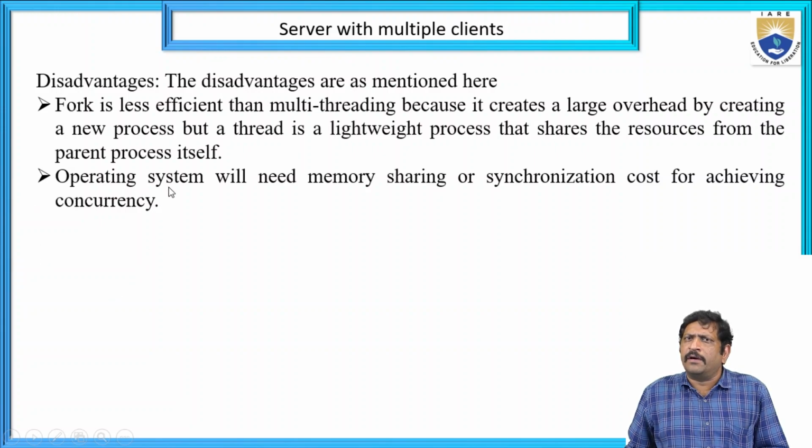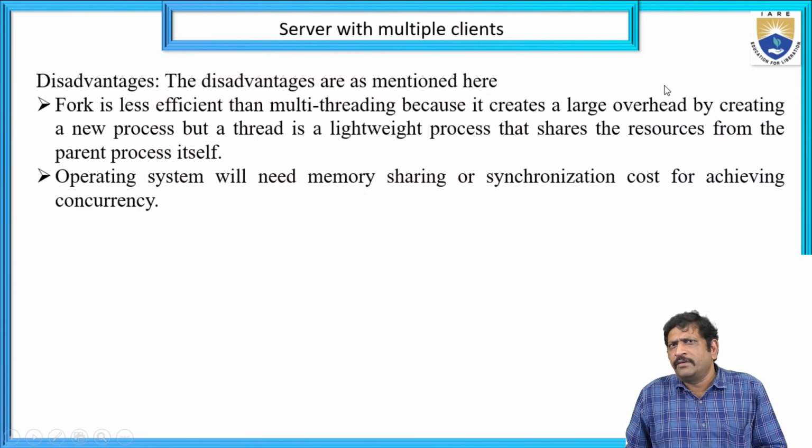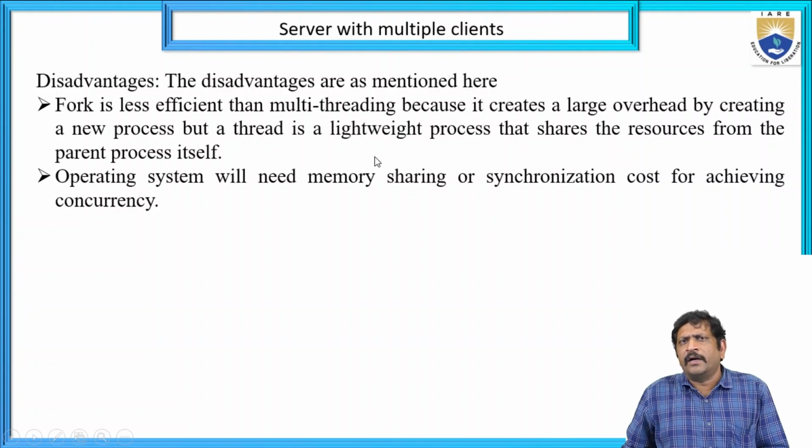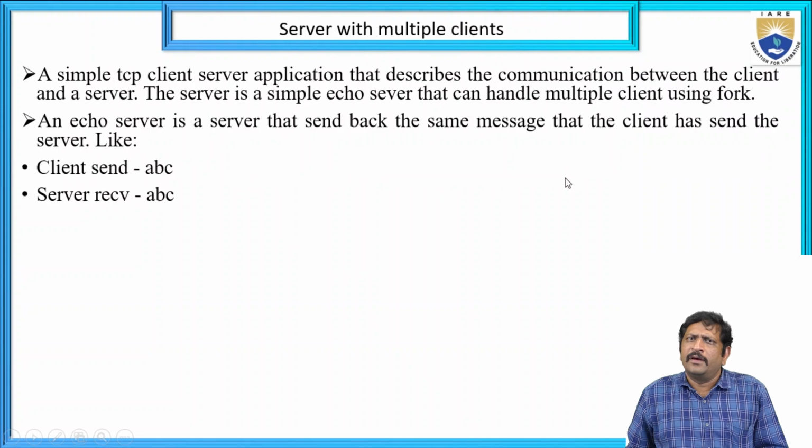Any operating system, Linux or Windows, needs memory sharing or synchronization at a cost to achieve concurrency. In concurrency, multiple clients are running at a time, parallelly. Now we can run multiple clients with the server.